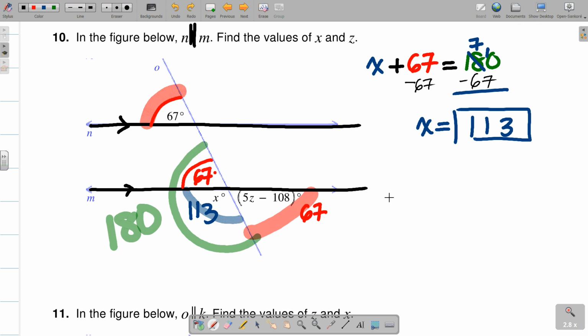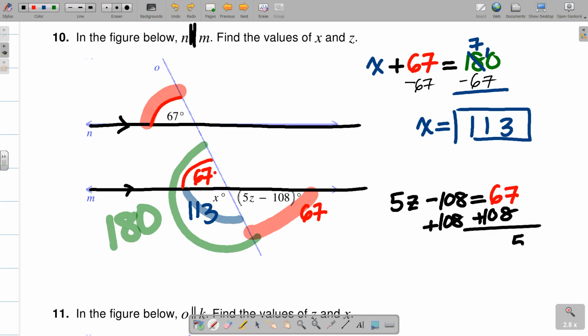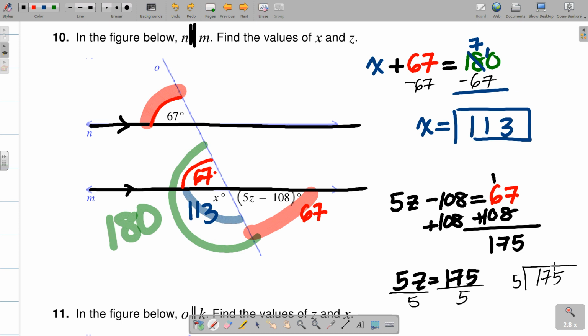So to solve for Z, I know that 5z minus 108 is going to equal 67 because that's alternate exteriors. Solve. And Z here is going to equal 35.